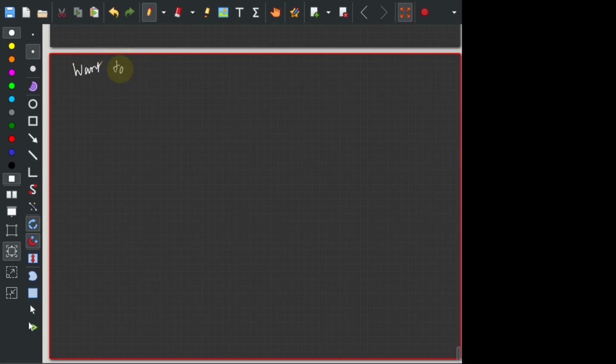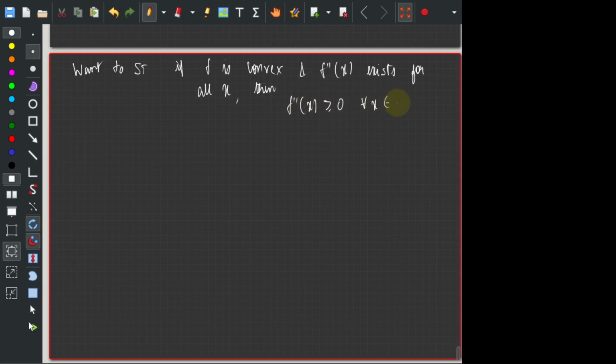We want to show that if f is convex and the second derivative exists at all points, then it must necessarily be non-negative. And this is fairly easy to prove.